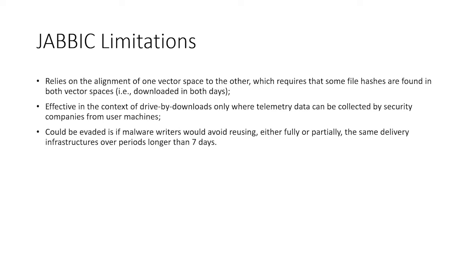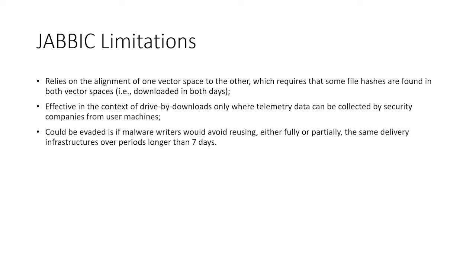Now, in terms of Jabbic limitations, we identified that perhaps the main problem here is that Jabbic lookups rely on the alignment of one vector space to the other, which requires that some file hashes are found in both vector spaces. So that means they were downloaded across multiple days, or at least across two days.